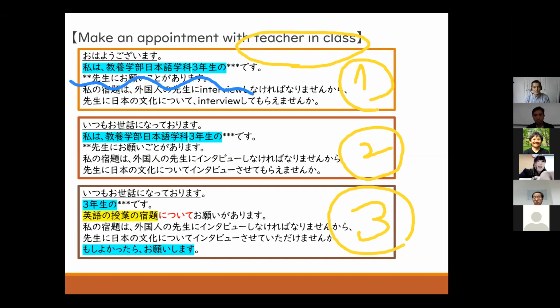So maybe the student talks during peer reading and peer response. So the student revises, like that, only the name and third-grade student.